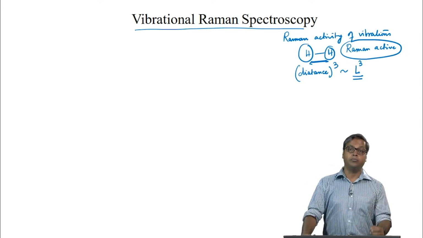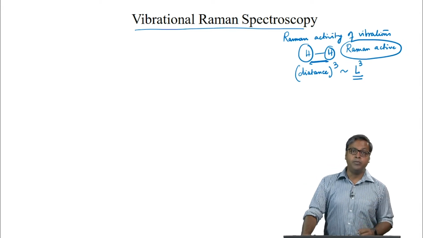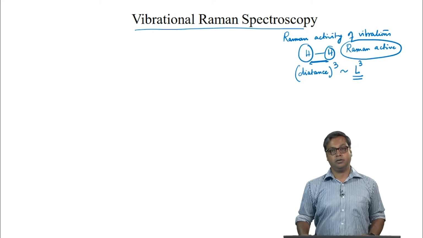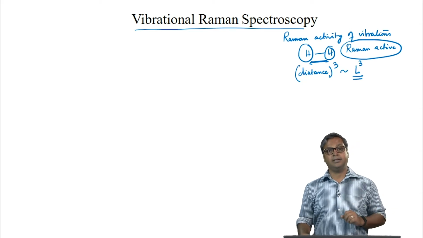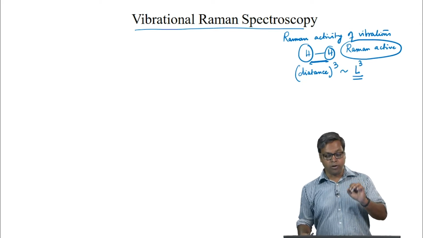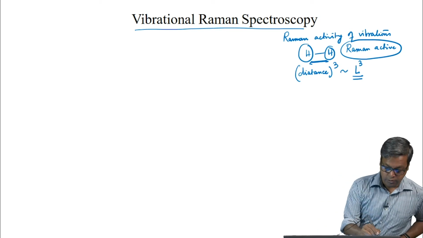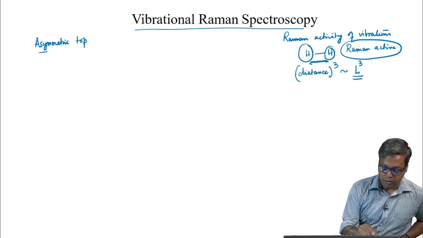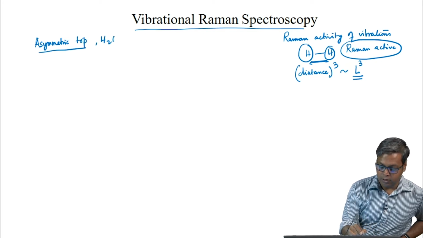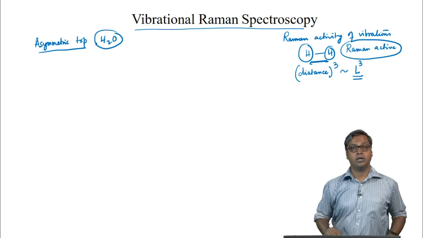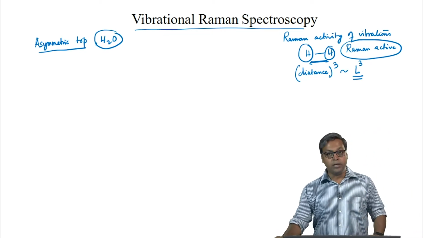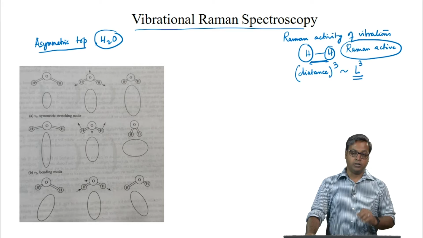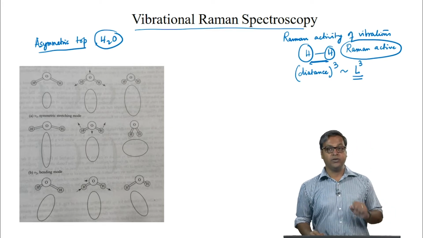For polyatomic molecules, the problem is a bit more complicated. So, let us consider the asymmetric top molecule water. The polarizability ellipsoids of water are shown in this figure.